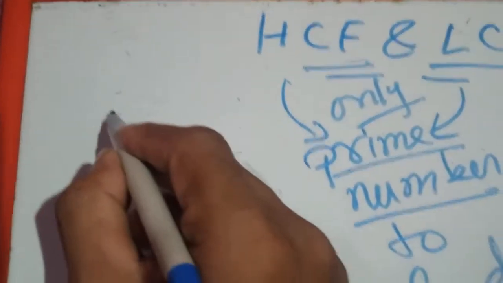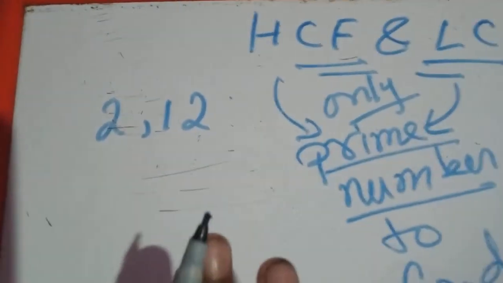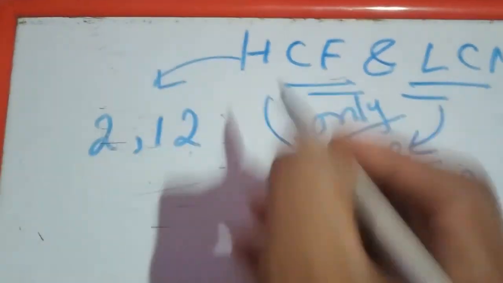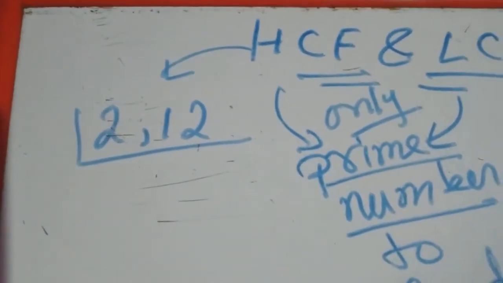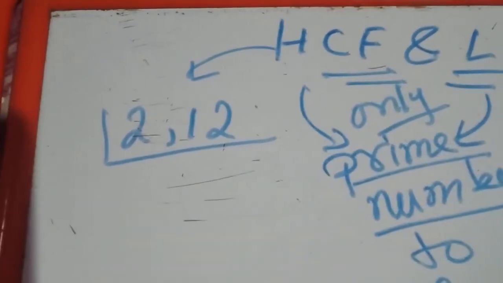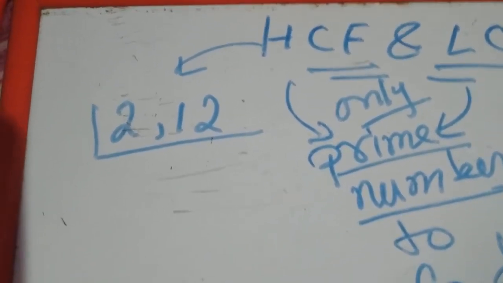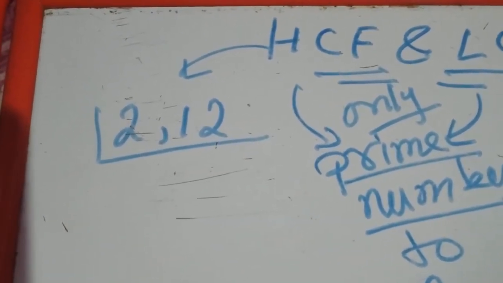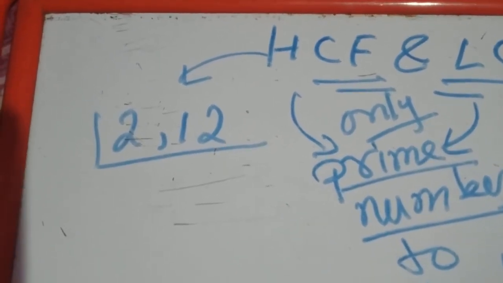See one thing here, suppose the numbers 2 and 12. Suppose we have to find their HCF. So what we'll do, we will divide these numbers with a number by which they are divisible. First you have to see whether the numbers are even or odd.